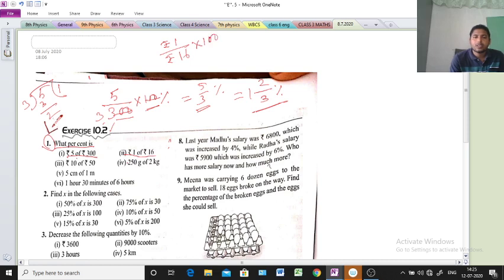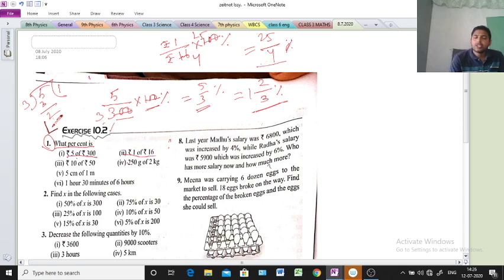Clear everyone? So now we have to do the cancellation. 4 25s are 100, and here 4 4s are 16. That means in the numerator we get 25 into 1, 25, and in the denominator 4. So 25 by 4%.